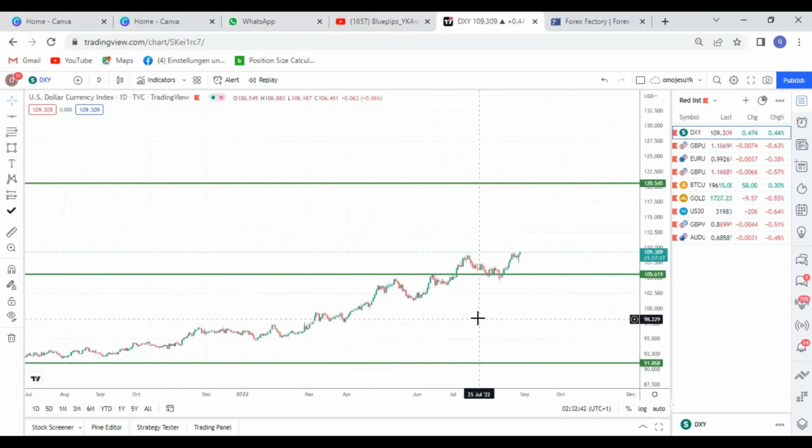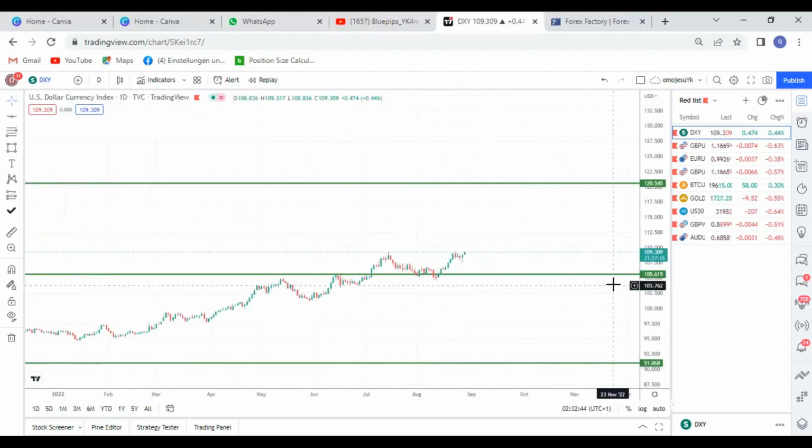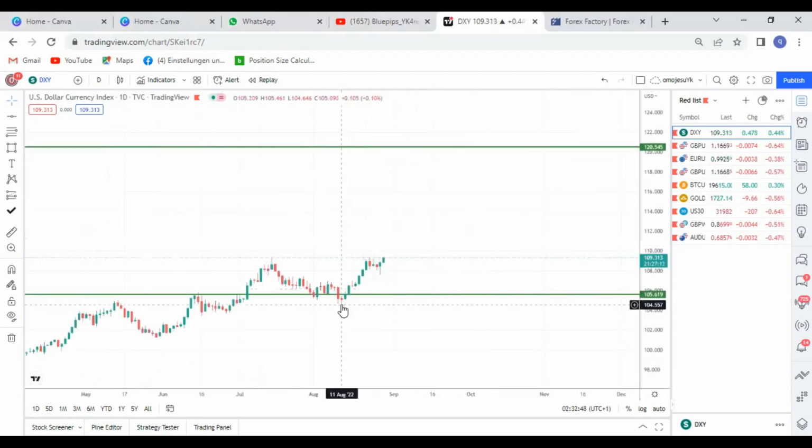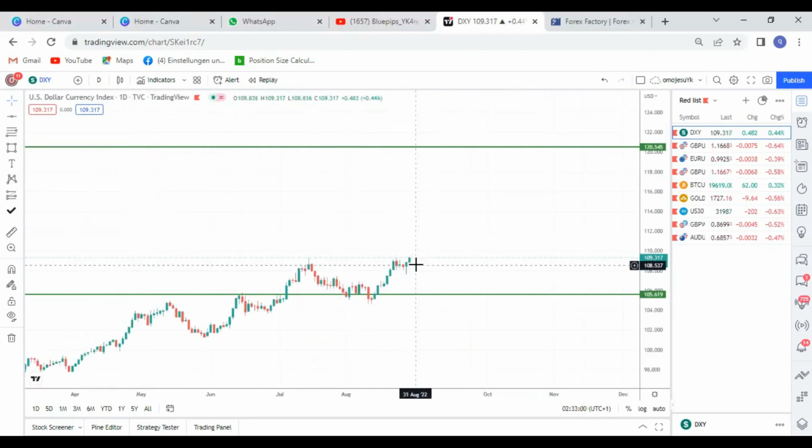The weekly is telling us uptrend. Now our daily is also aligned with our weekly, telling us that we're in an uptrend on DXY. And we all know that whenever DXY is buying, Euro USD is going to sell, GBP USD is going to sell also.